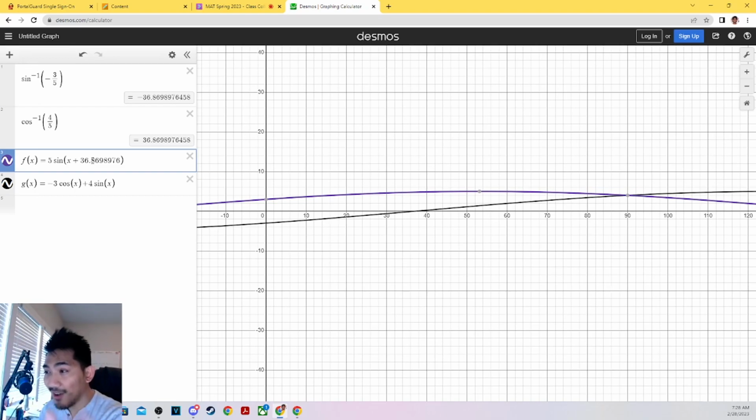Inverse function only has one solution, only one output for one unique input. Whereas the actual inverse property is just swapping inputs and outputs. So I have infinite amounts of angles that are possible. So you need to figure out which ones are correct, and you can verify with the graphing calculator.